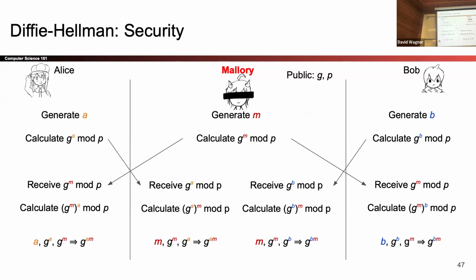So Mallory ends up with one shared key for talking to Alice and another shared key for talking to Bob. And then if Alice sends a message that she thinks is going to Bob with that shared key, it's with a key that actually Mallory knows. So now Mallory can decrypt that message.